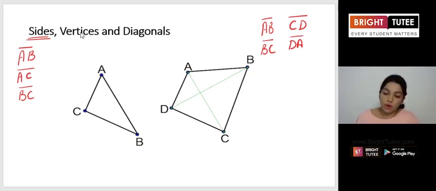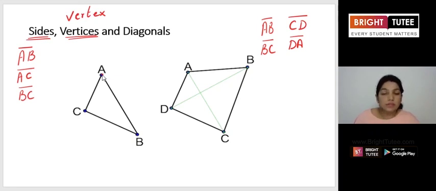Now moving to vertices. What is a vertex? So I just said the word vertex. What is the difference? Vertices is a plural word, and if you want to use the singular word, it is vertex. This is for the singular. So the point where two lines intersect each other is termed as a vertex.